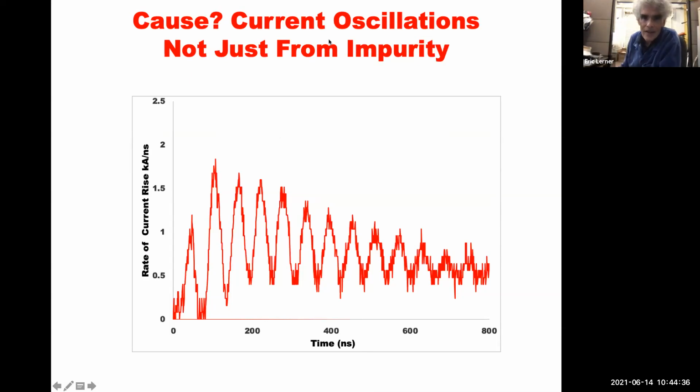Well, we said current oscillations were caused by the impurities, but we got rid of the impurities, but we still had the oscillations. So clearly the oscillations, and these are strong oscillations in the rate of rise of the current, still could be causing the shock wave and the disruption of the filaments.